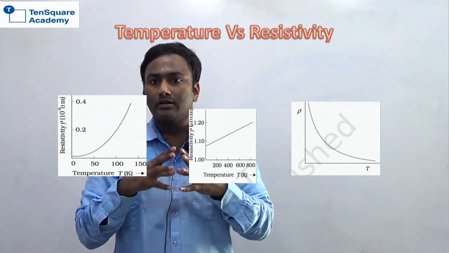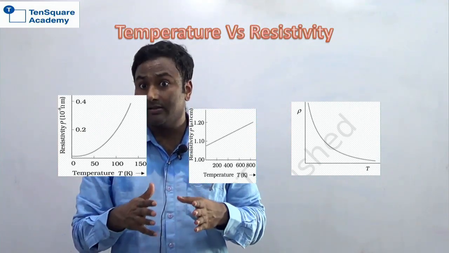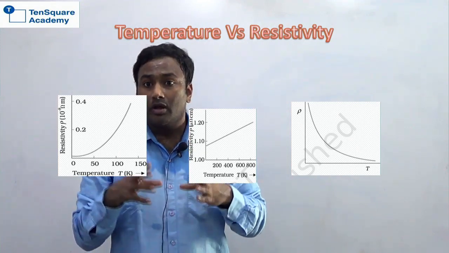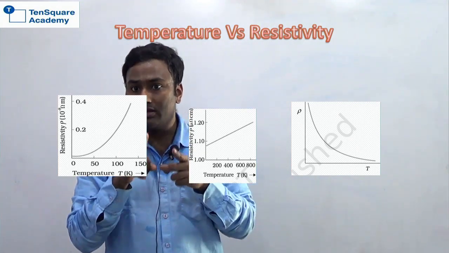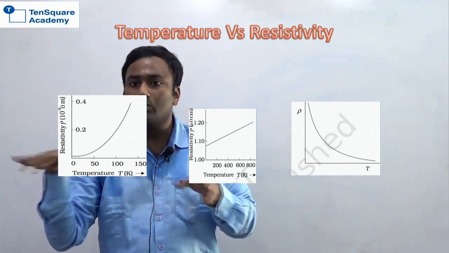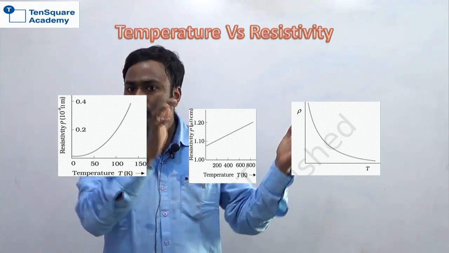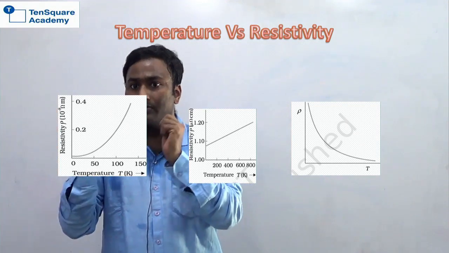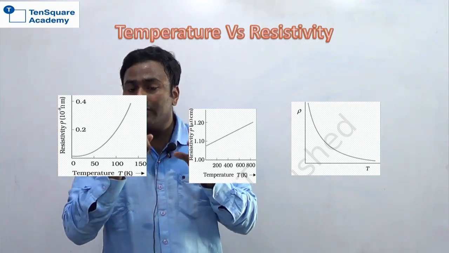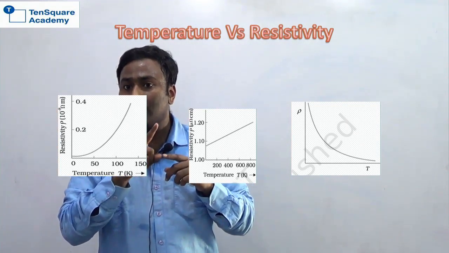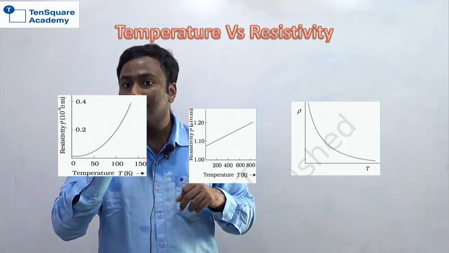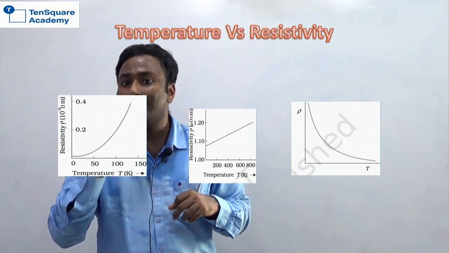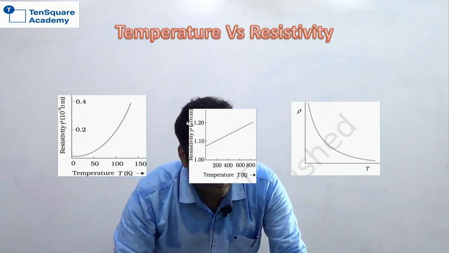The next one is temperature versus resistivity, again very important. Now, this has three curves. The first one is for copper, the second one, the straight line, is for nichrome, the third one is for a semiconductor. So, the first two are conductors, the third one is a semiconductor. In the first two, when the temperature is increased, the resistivity increases.